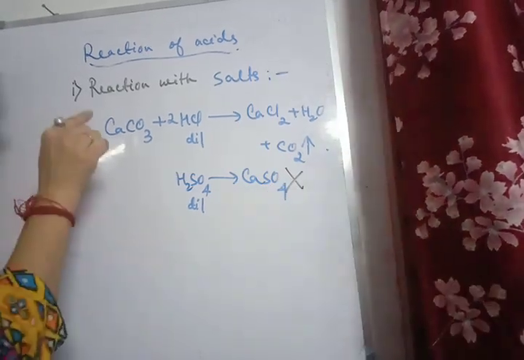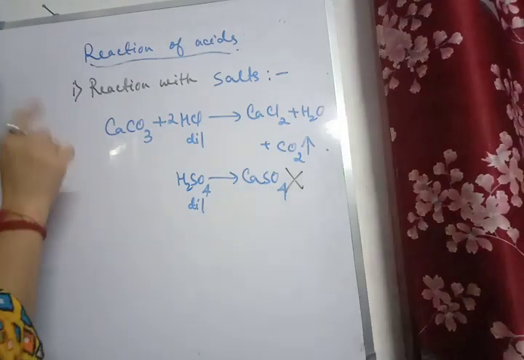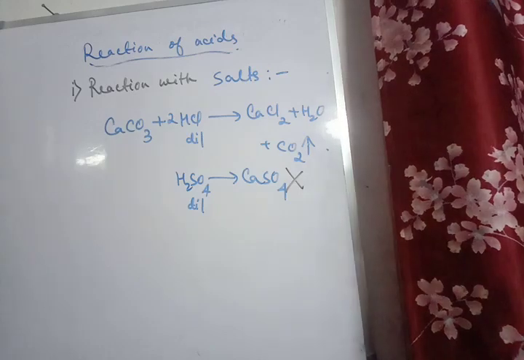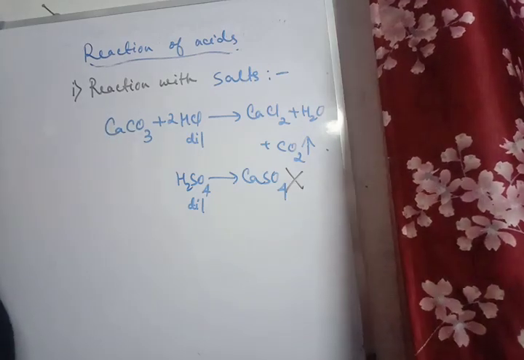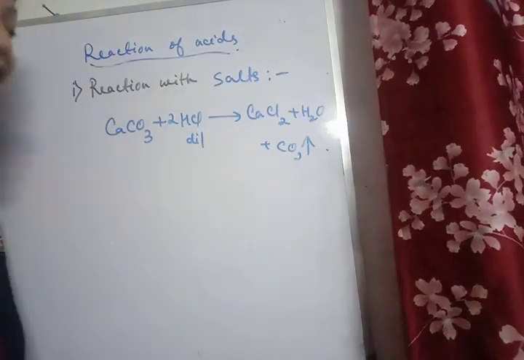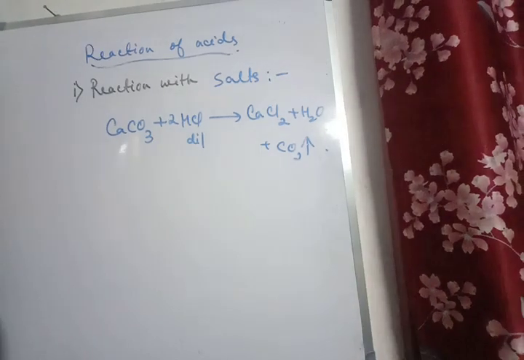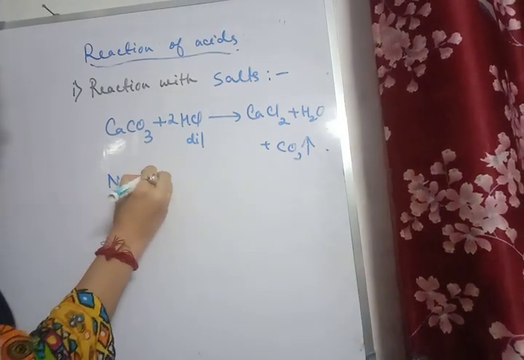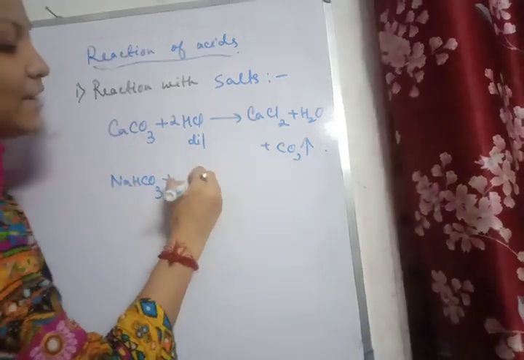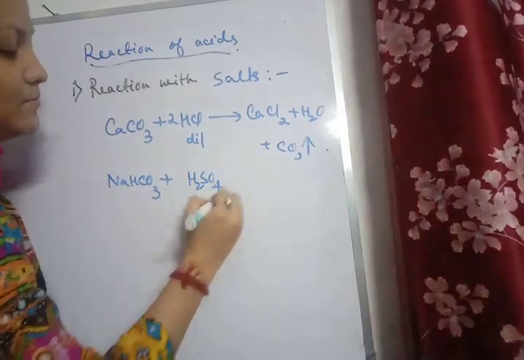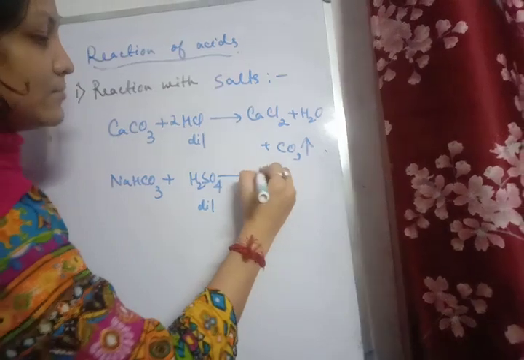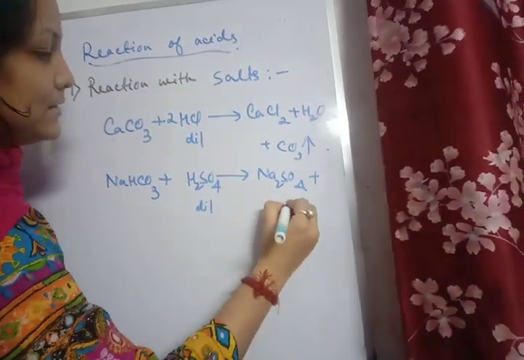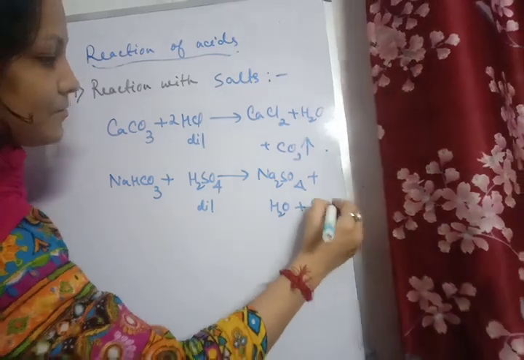So if you are using calcium carbonate or bicarbonate, we always have to use dilute hydrochloric acid or dilute nitric acid, but we have to avoid using dilute sulfuric acid. Next, if I use sodium bicarbonate with dilute H2SO4, we get salt, that is Na2SO4, plus water plus carbon dioxide gas.